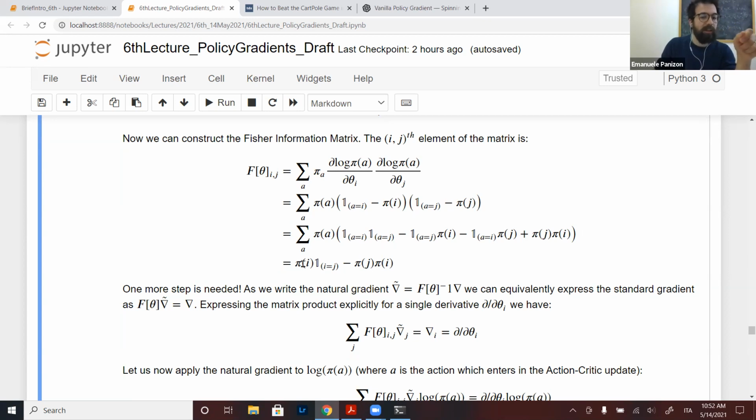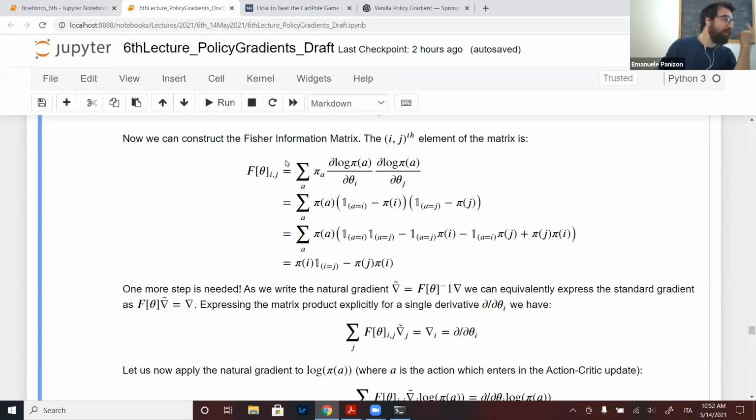The calculation leads to πi, but only if I am on the diagonal, so if j equals i, where j and i are the position in the matrix, minus πj πi. This is the end. So I calculated each entry of the Fisher matrix.